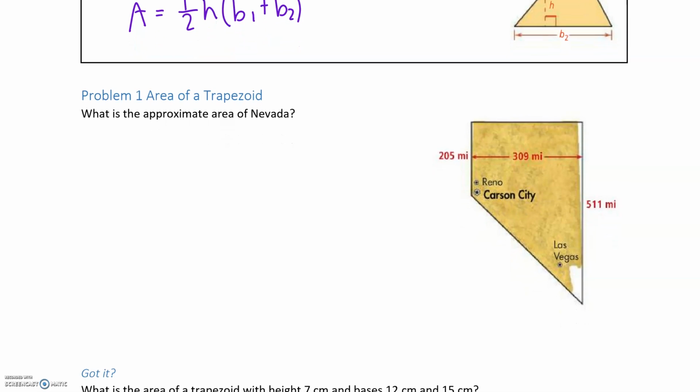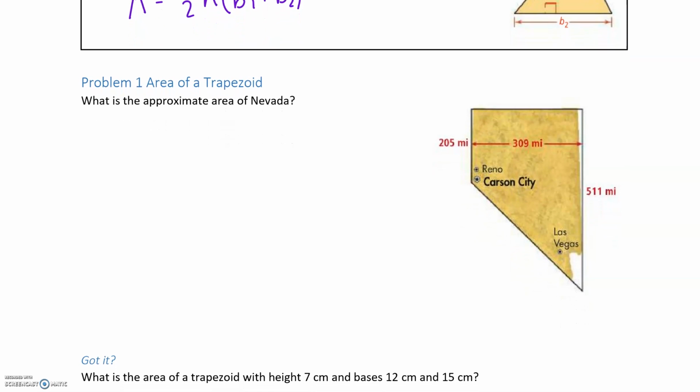So if we come down here, we have a nice map of Nevada. If you didn't know, Nevada is a trapezoid. So what we want to do is find the approximate area of Nevada. Our bases are going to be this 205 miles and this 511 miles down here. So we are going to have the area equals 1/2 times our height. Our height is the distance between those two bases, which is that 309.